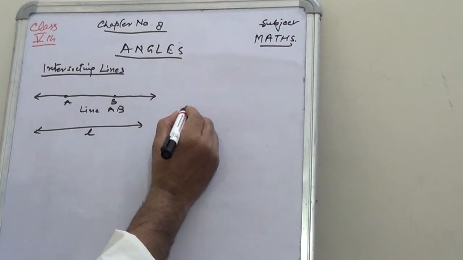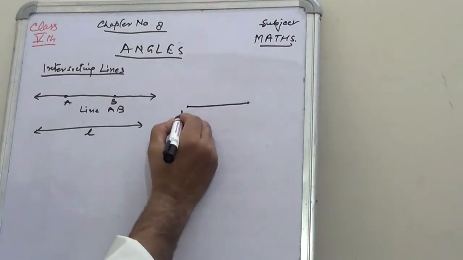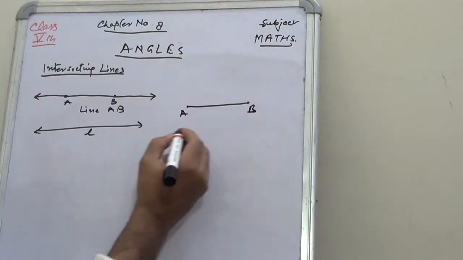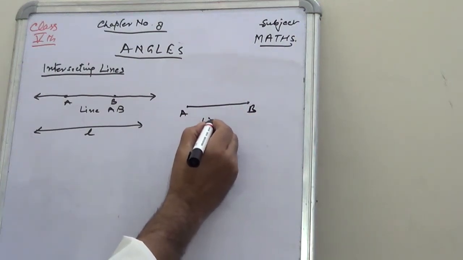And children, this is line AB, a line segment. This is called a line segment.